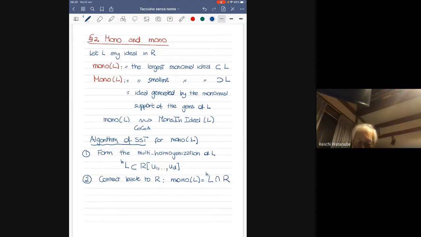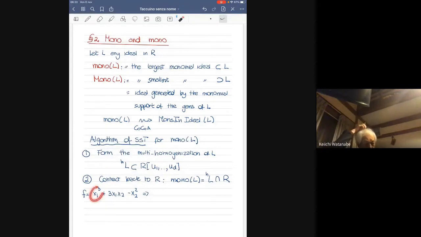So how do you do this multi-homogenization in general? If you have an element, let's call it f, x1 to the third plus 3x1 x2 minus x2 square, then the multi-homogenization is done this way. Remember, because this is a monomial ideal, you can give a multi-degree, and let's say x1 has degree 1, 0, and x2 has degree 0, 1. So this term would have degree 3, 0, and this element would have degree 0, 2. You want each term to be multi-homogeneous, so you give to the ui the same multi-degree as the xi.